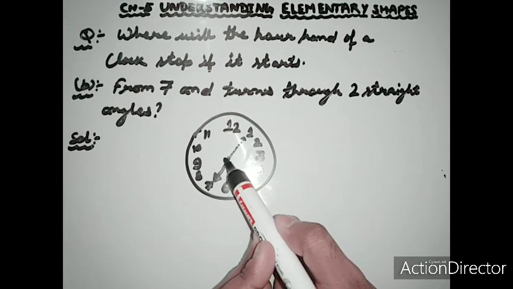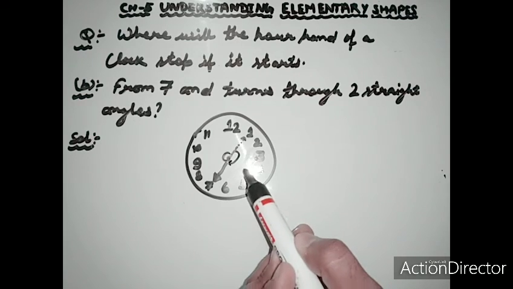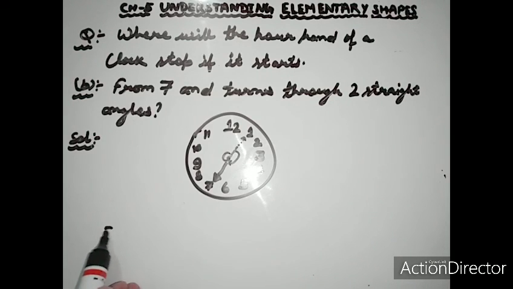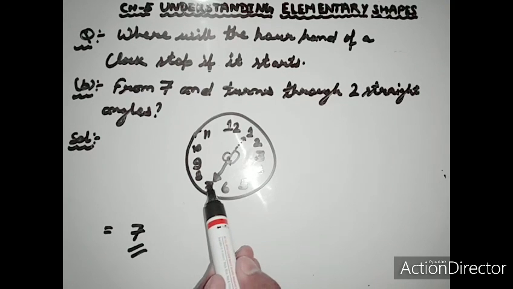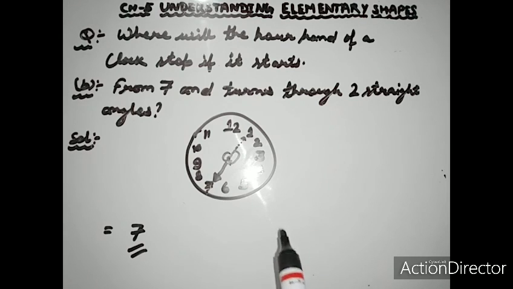It means 360 degrees, total 360 degrees, right. So here we write 7. It reaches its initial position again, and the place is 7 here, right.